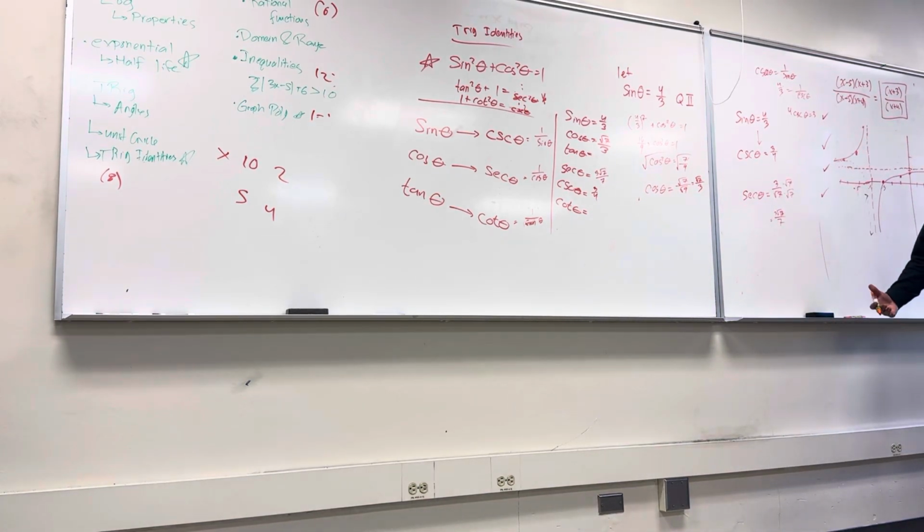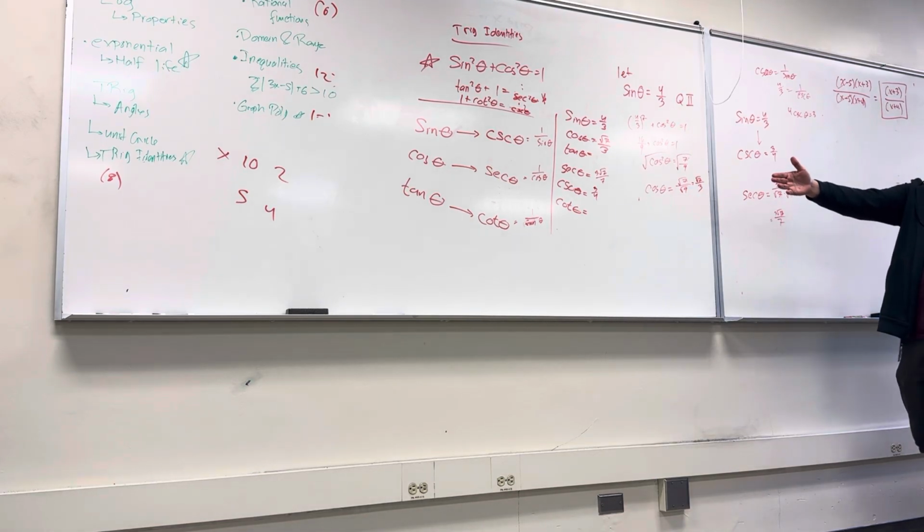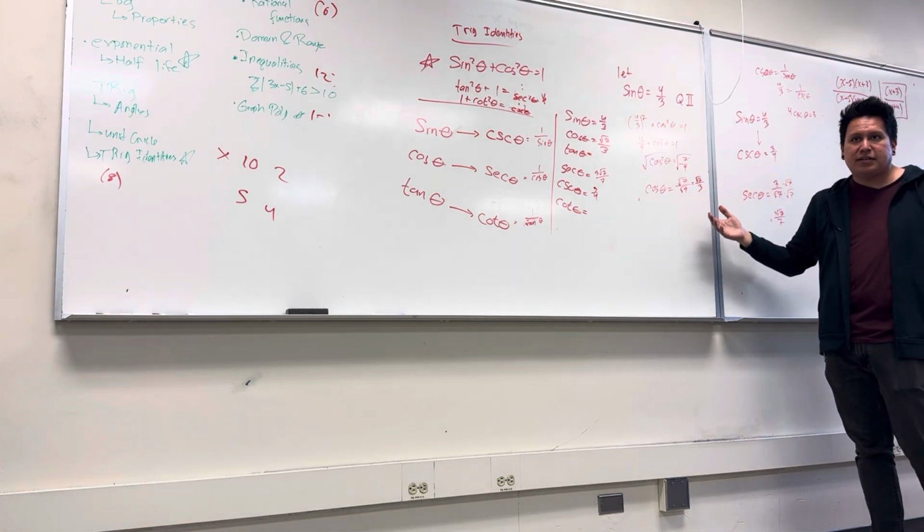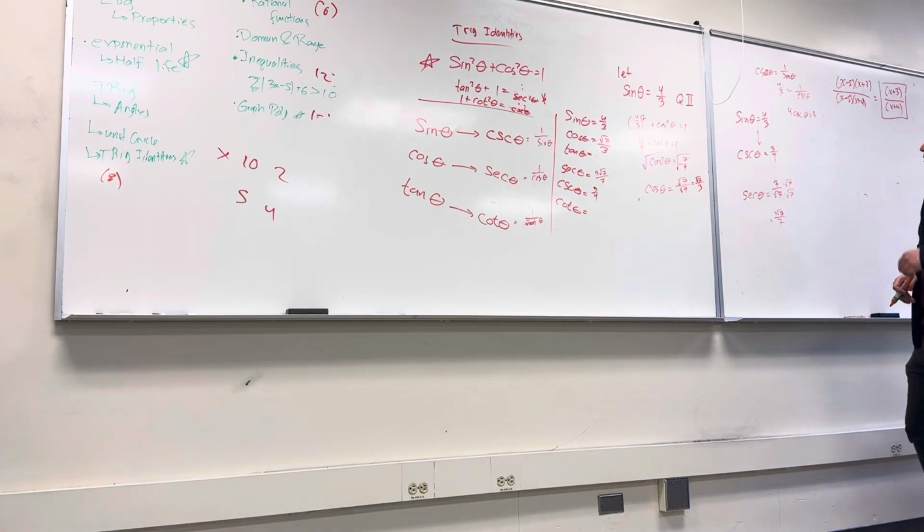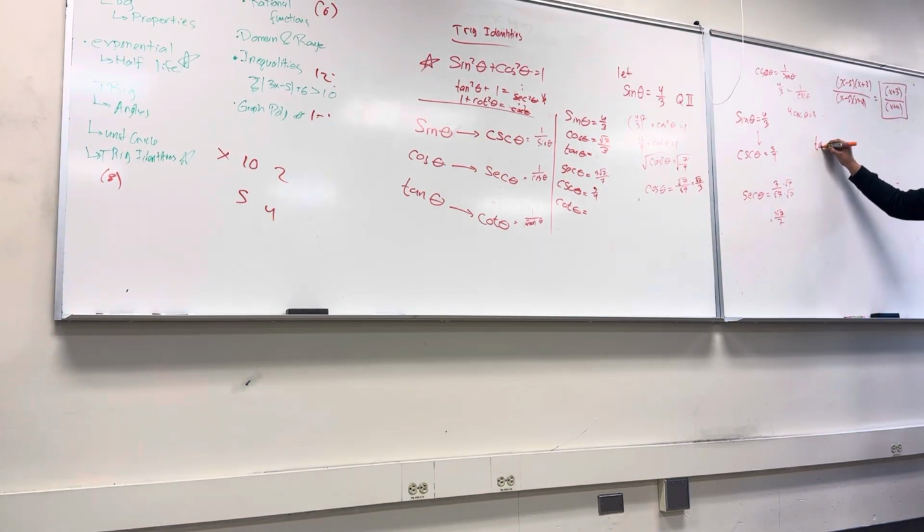Alright, so now all we're missing is tangent and cotangent. I'm not even going to think about cotangent right now, because it corresponds with tan, so I just want to focus on tangent. Does anyone have an idea of how we can do tangent?